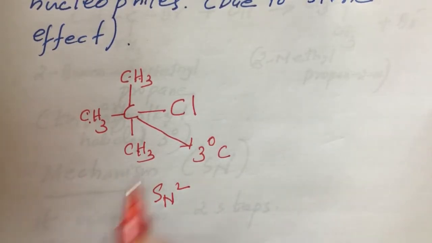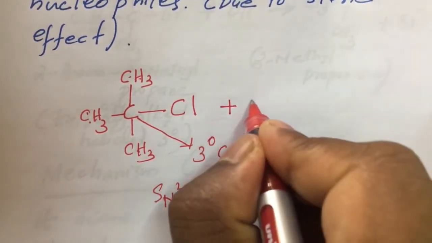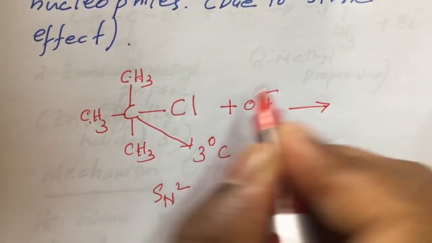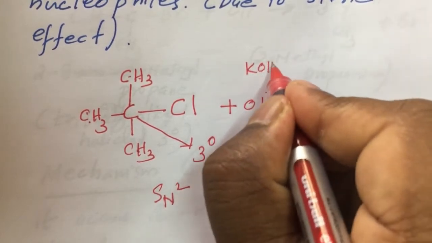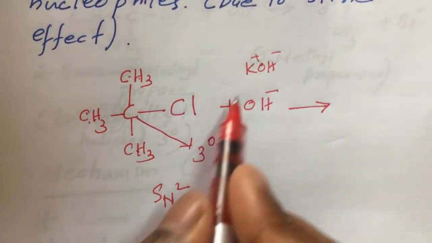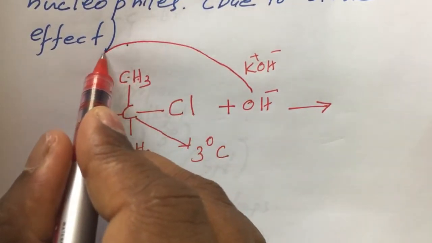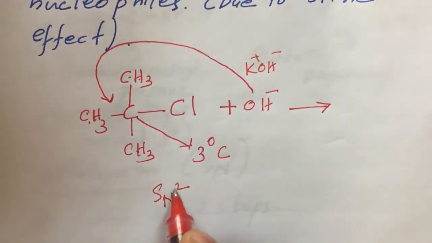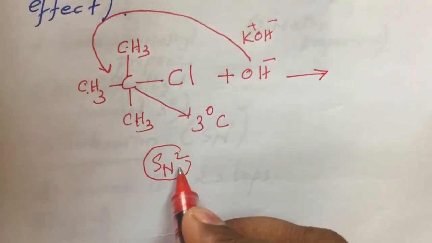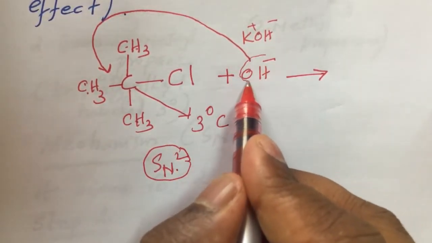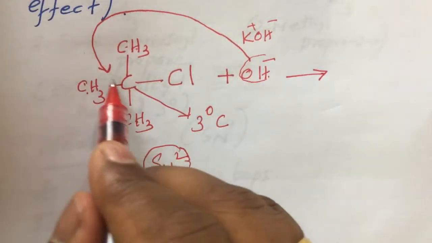Okay, the reason is this. In the case of tertiary halide, when you add the nucleophile KOH, K plus OH minus, then OH minus is not able to attack from the backside. In the SN2 mechanism, the main step is attack of the nucleophile from the back side.